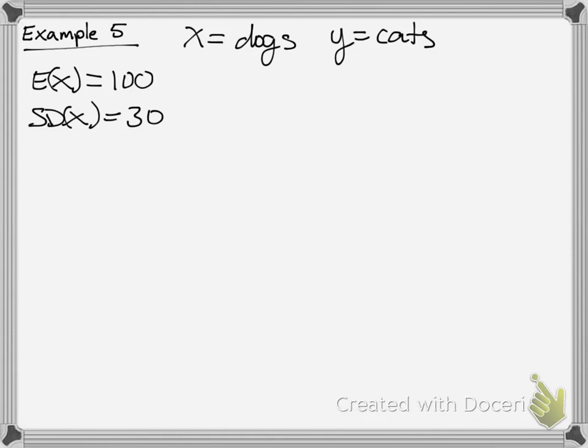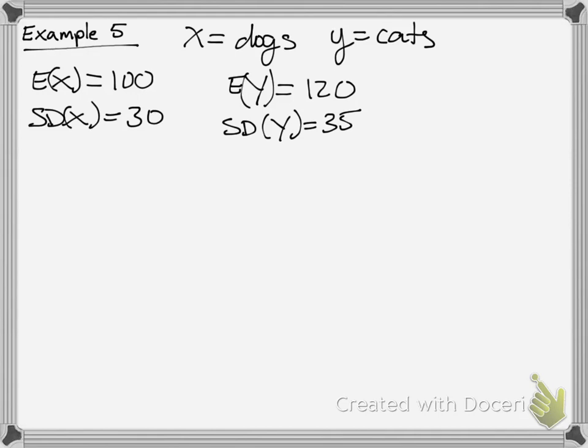And then for cats, we were given that they have an annual cost of $120 with a standard deviation of $35. Okay, and now the key word in that problem is difference, and the operation that goes with difference gives us subtraction.